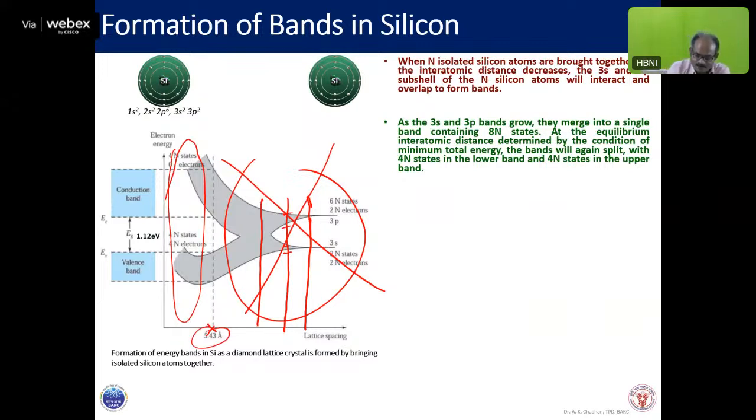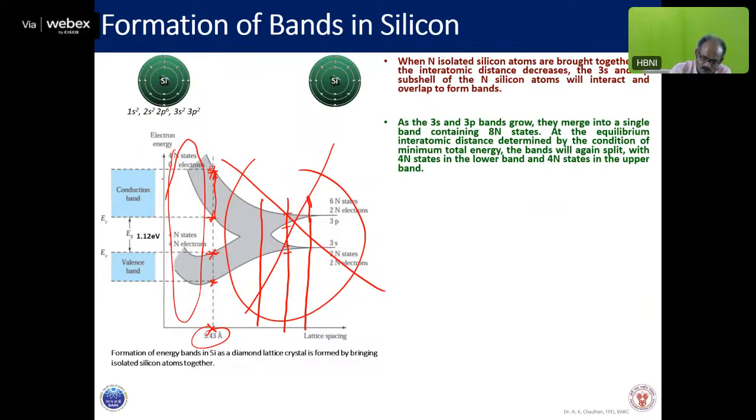So what is left with me is these energy levels. I now have 4n states at these energy levels, and 4n states having a variation of energy, but this much energy.